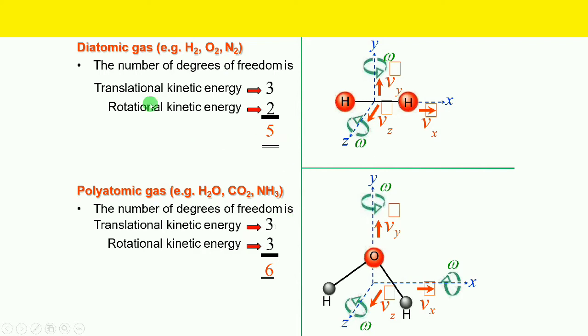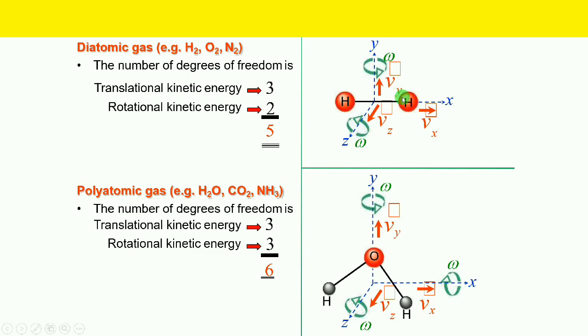Now, for diatomic gas, that is the gas which has two atoms, for example hydrogen, oxygen or nitrogen. If we consider hydrogen, it has two atoms joined, so we consider a dumbbell shaped structure. Again, to locate these two atoms we will require three coordinates x, y and z, known as translational coordinates, so 3.